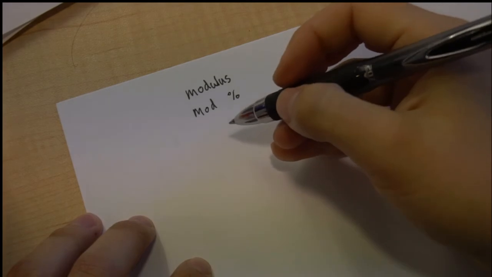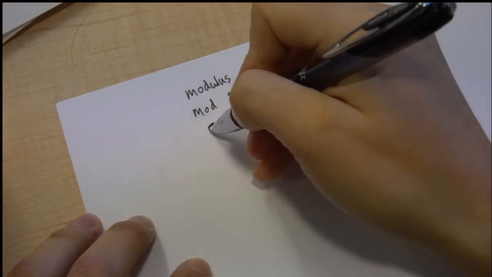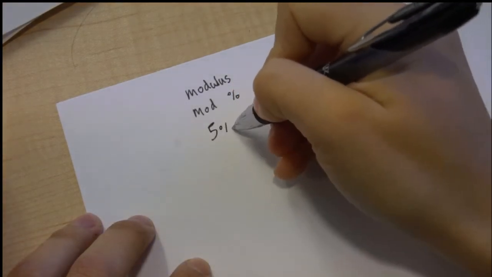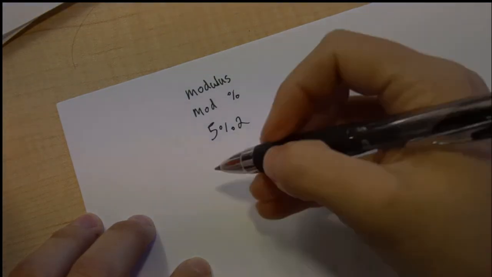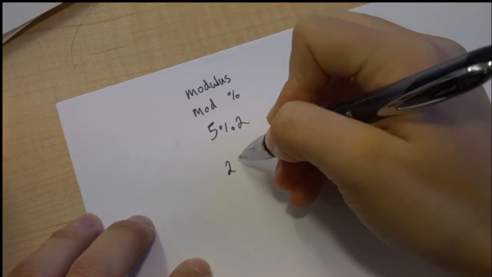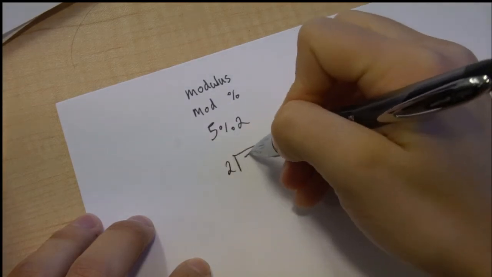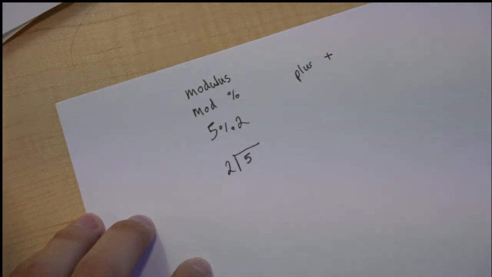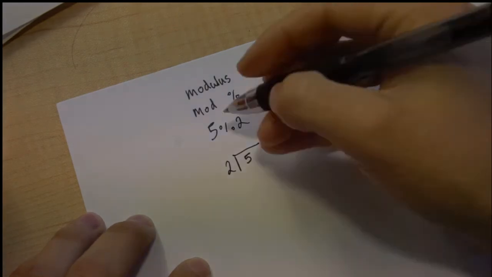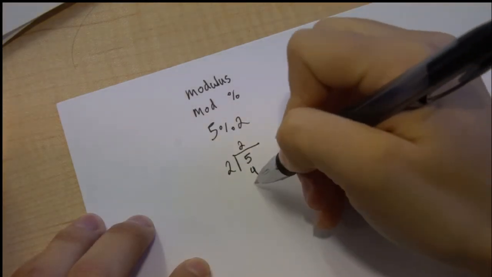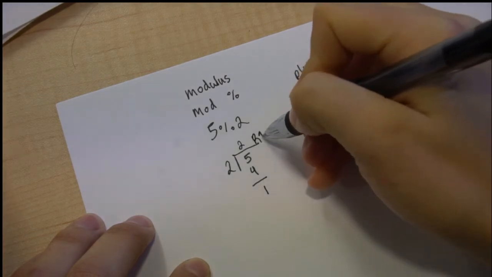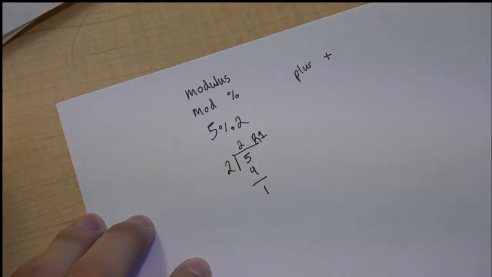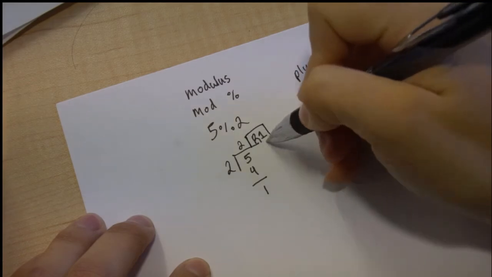If we have 5 mod 2, it says, okay, how many times does 2 go into 5? Twice, right? 2 times 2 is 4, and then we have 1 left over, so 2, remainder 1, is what the long division looks like. Mod gives us this remainder.